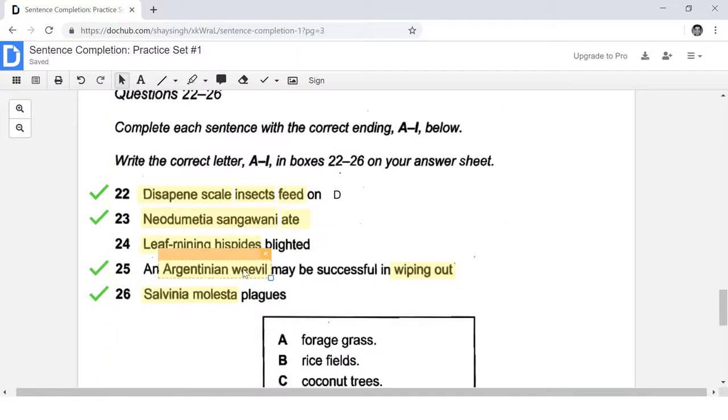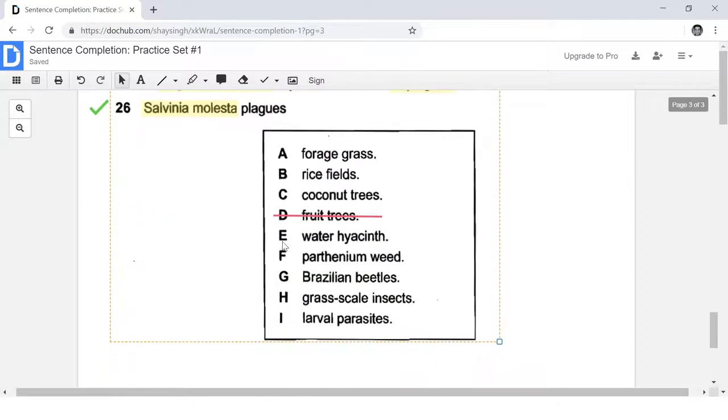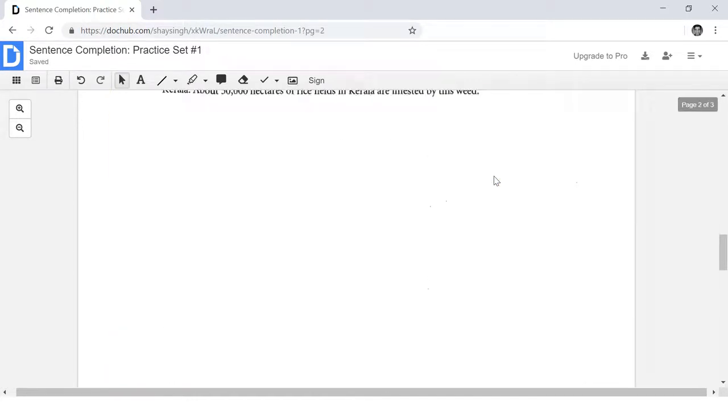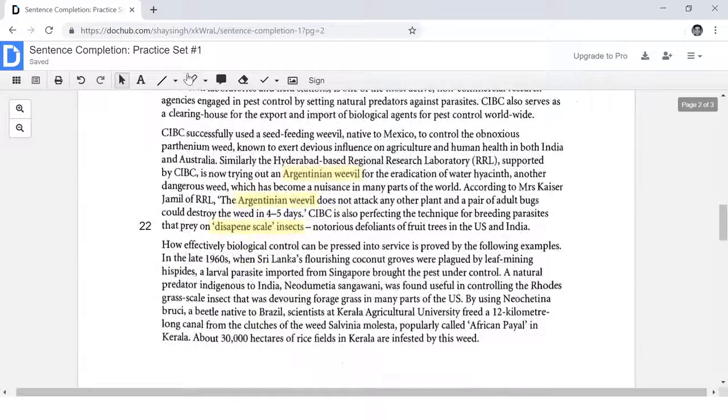So an Argentinian weevil may be successful in removing what? In eradicating what? Water hyacinth. The answer is going to be E. The answer is E, and let's come up here and put number 25 next to the spot where we found our answer.